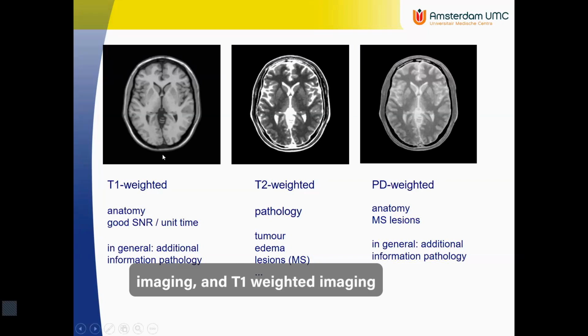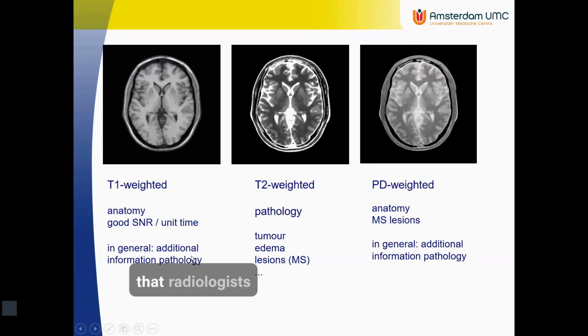T1-weighted imaging is also used a lot because it shows the anatomy very nicely and it's very efficient. Within a reasonable scan time, you get really nice detailed images. In general, it is used as an additional indicator for pathology.